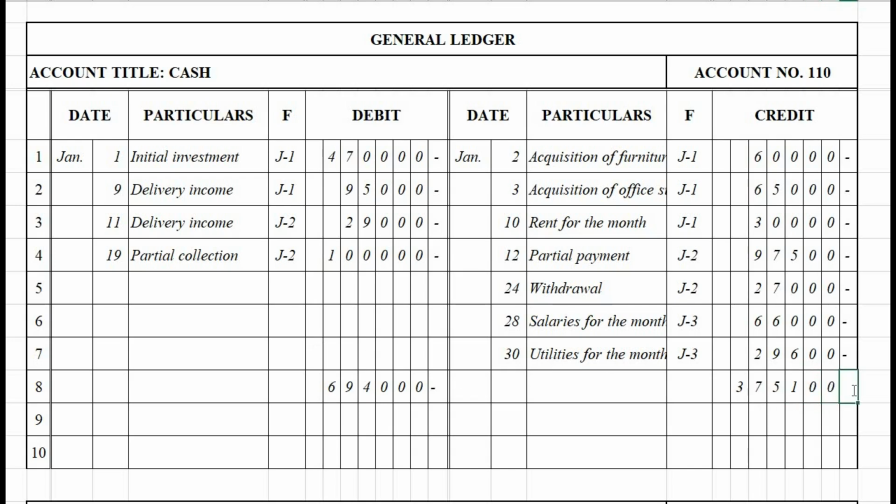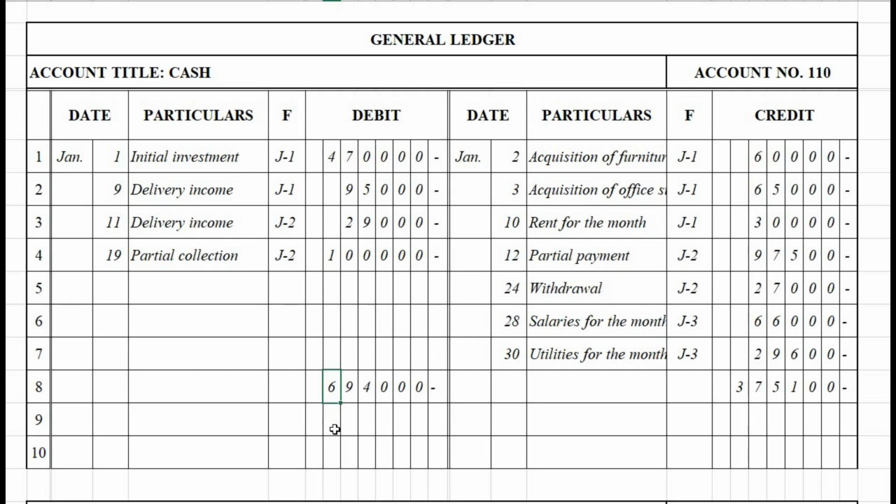Okay? So you now have the total debits and the total credits. As you can see, the total debits is greater than the total credits. So that means this cash has a debit account balance.